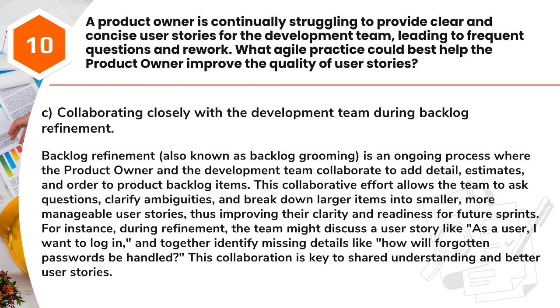This collaborative effort allows the team to ask questions, clarify ambiguities, and break down larger items into smaller, more manageable user stories, thus improving their clarity and readiness for future sprints. For instance, during refinement, the team might discuss a user story like, as a user, I want to log in, and together identify missing details like, how will forgotten passwords be handled? This collaboration is key to shared understanding and better user stories.